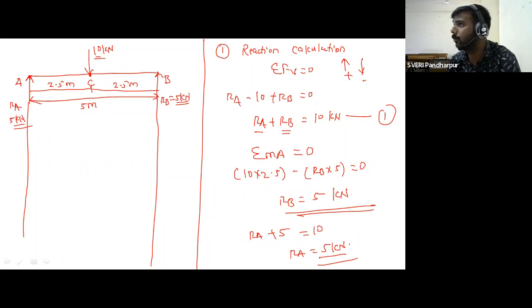If you are unable to go for the direct calculation or direct writing, you have to follow this procedure. Summation of vertical forces is equal to 0. पण आपल्याला स्टँडर्ड माहित पाहिजे, एवढी कॅल्क्युलेशन करायची गरज नाही. So these are the reactions calculation.